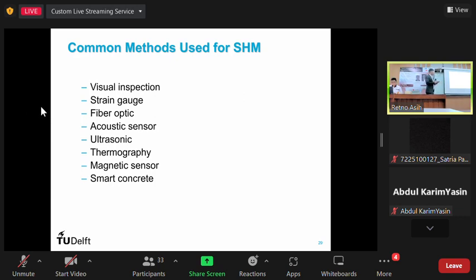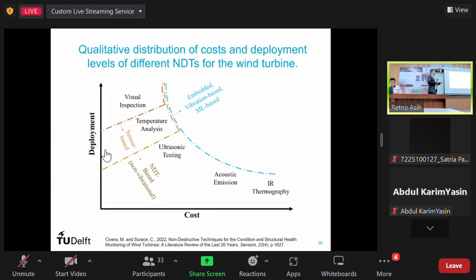So I'm now going to talk about just some of the common methods that are being used in structural health monitoring and NDE, or non-destructive evaluation in general. So, visual, these are the visual sensors. This is a chart that is showing you what I discussed.